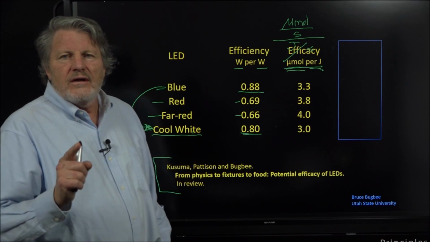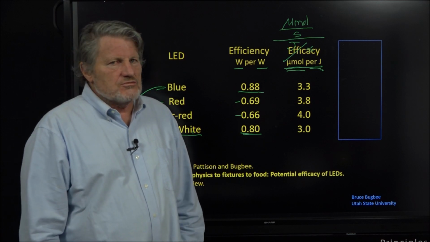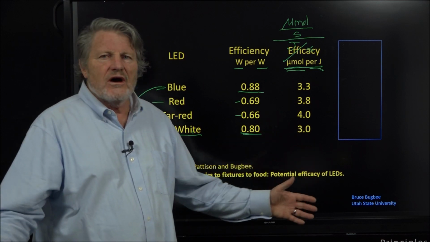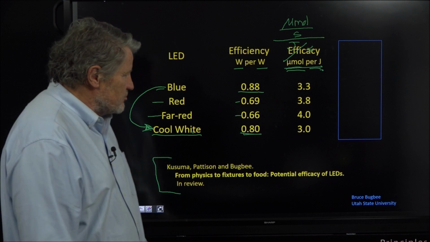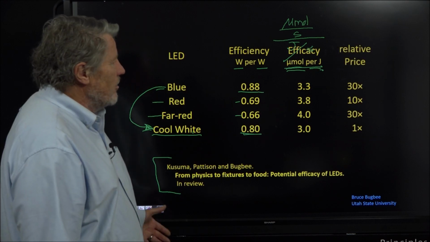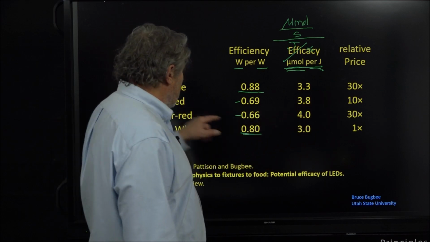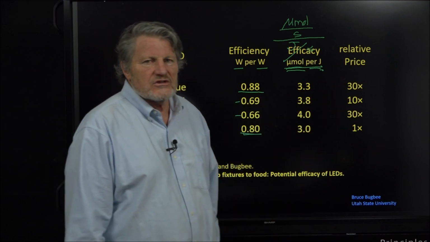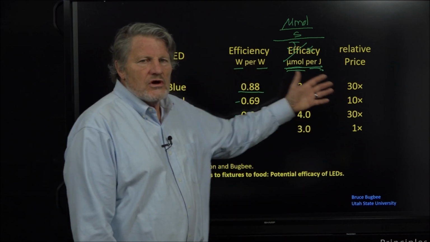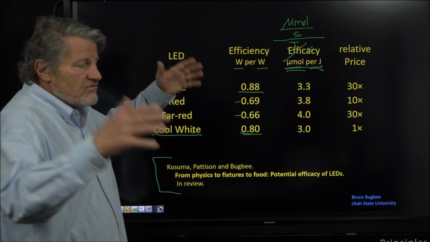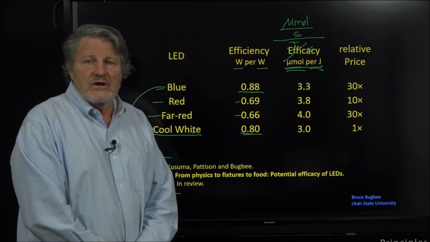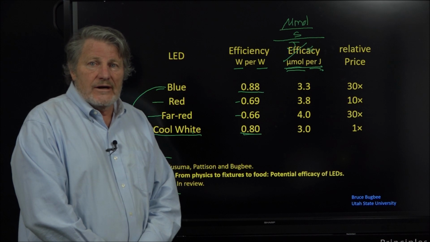So the white LEDs are much, much cheaper just because of economy of scale of this. So now let's look at the price. Wow. 1x for whites, and we go to 10x for reds, and 30x for these. These drive the cost of fixtures that drive the cost of what we're going to do in indoor agriculture.